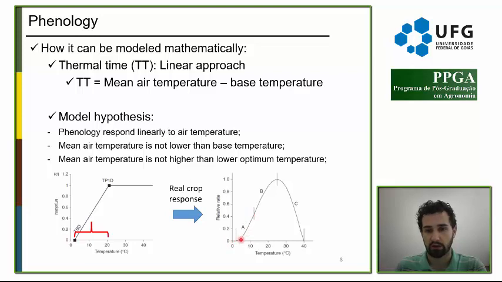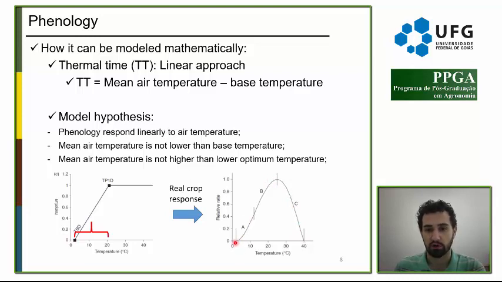Okay, I have here a lag phase, a point where this is the optimum temperature, and here is the maximum temperature that this crop can survive, and we can use this approach where we have no development if the temperature is below this point, increase into the maximum development, and after this optimum temperature, the development starts to reduce because it's too hot for this crop, until reaching this point, the maximum base temperature, where the crop can't grow after this point. So this is the real response.